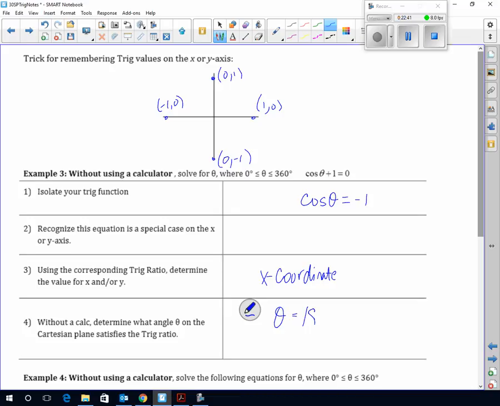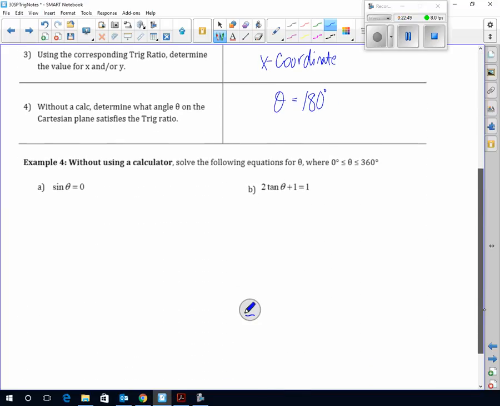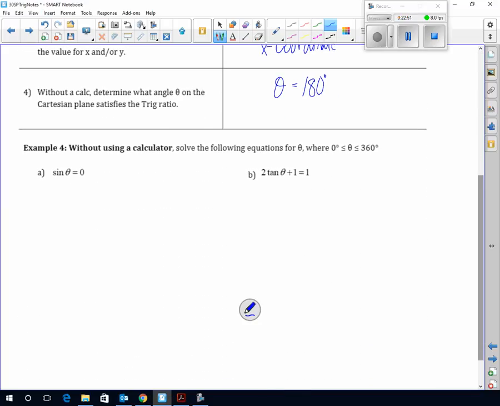Okay, without a calculator, do you guys want to do this yourselves? Yeah, do it. Okay, so sine is 0. That means if you look at your little axes, the y value is 0 in essentially 2 spots, but actually 3 angles between 0 and 360, and it also includes those, right? That's what the equal sign says.